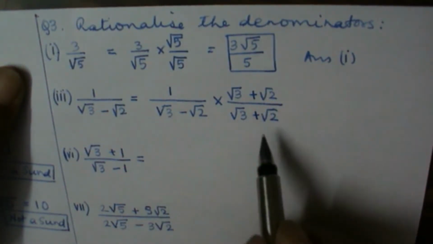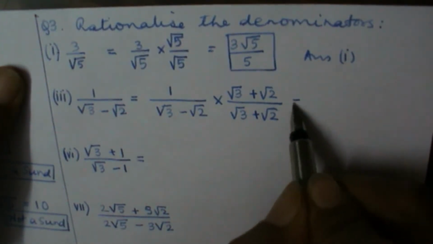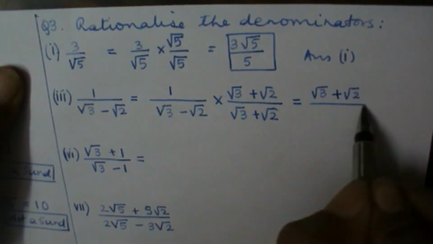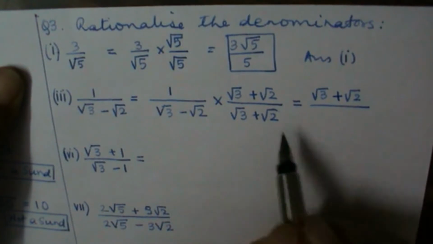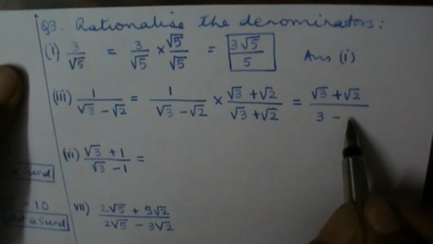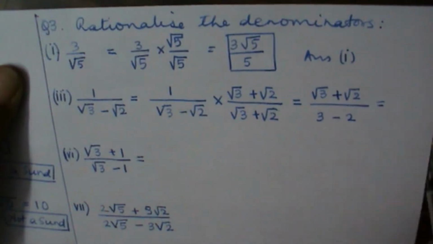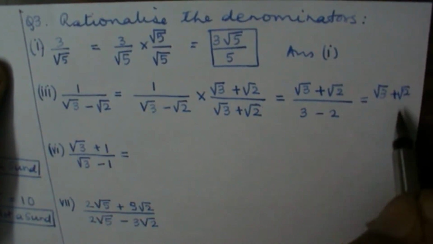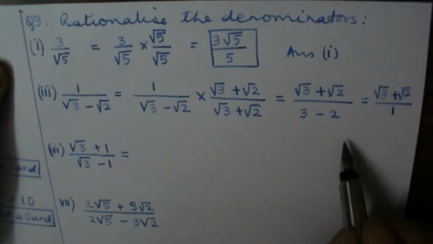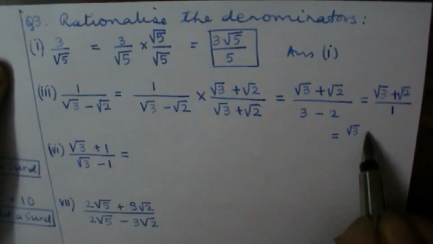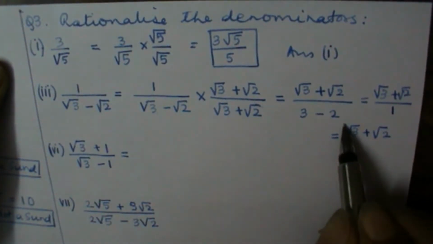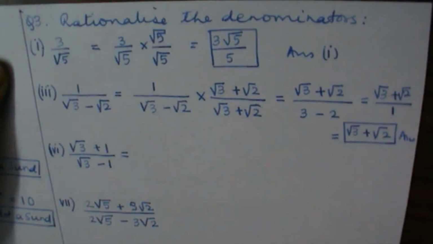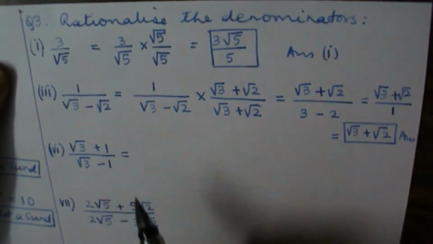Because it is like a minus b, I should put a plus b, and that will give me root 3 plus root 2, and the denominator becomes a square minus b square, and that gives me root 3 plus root 2 upon 1, and that is equal to root 3 plus root 2, which means the denominator has got rationalized, and that is our answer. Let us come to the next one.